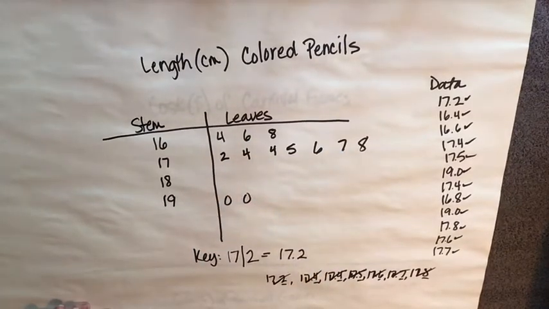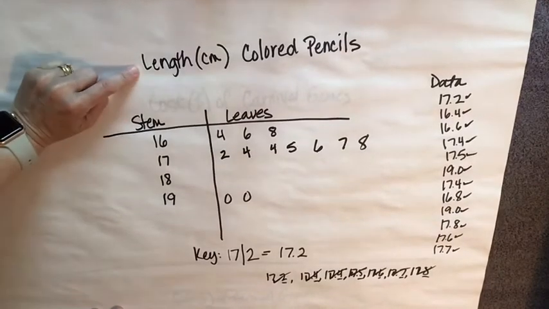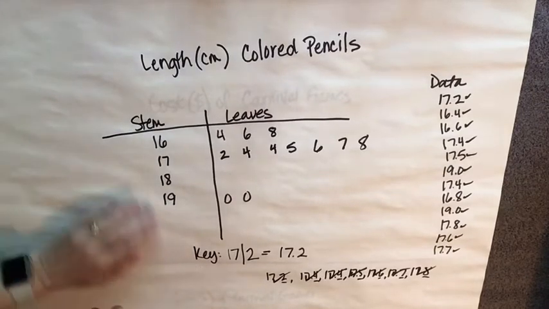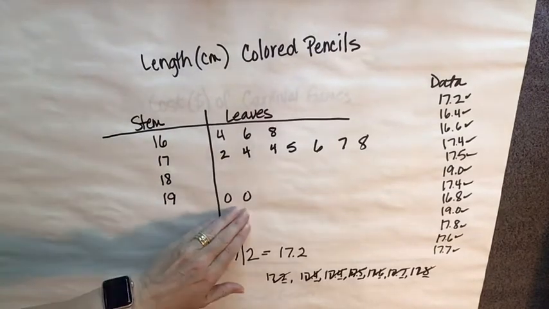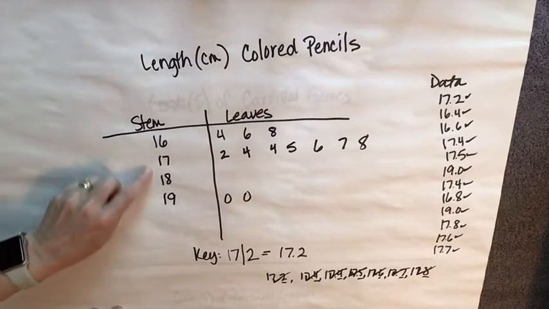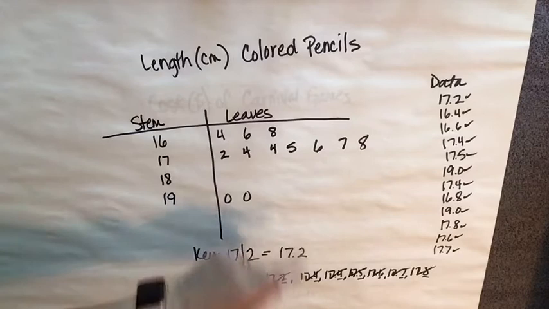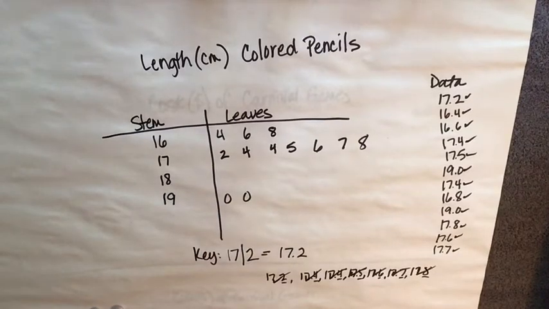So I've represented all my data. I have a title so people know what my data is about. I have a key so someone looking at it knows what these numbers represent by their place value. All of my stems are in order from least to greatest, and I didn't skip any. And my leaves are in order from least to greatest. So I know my stem and leaf plot is complete.